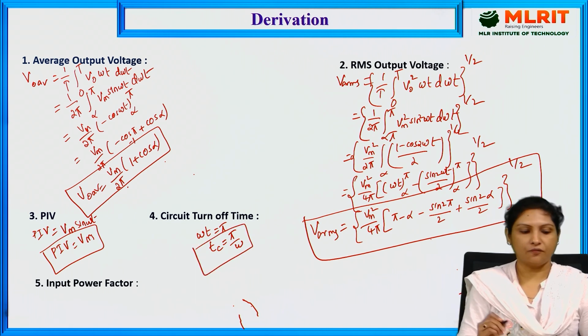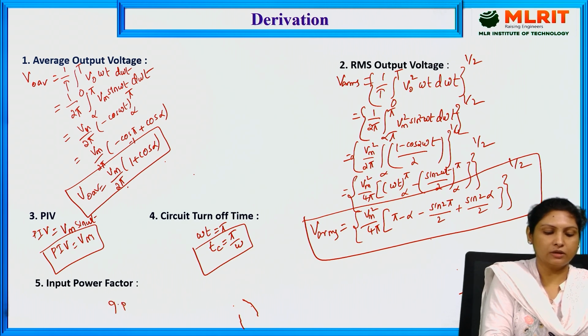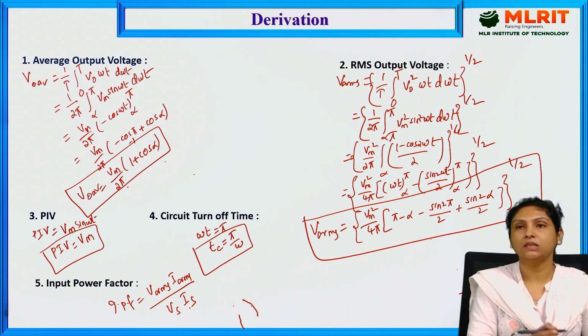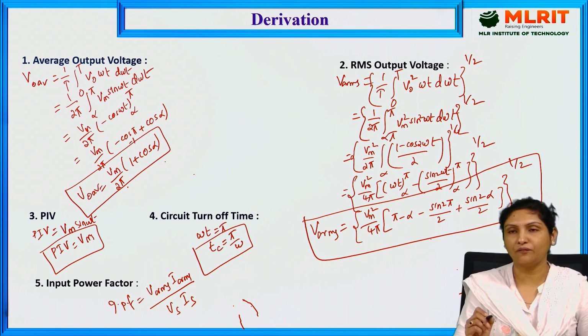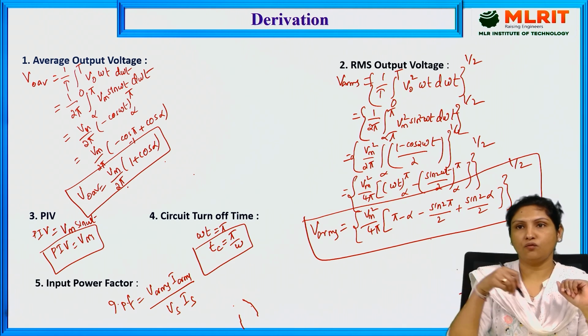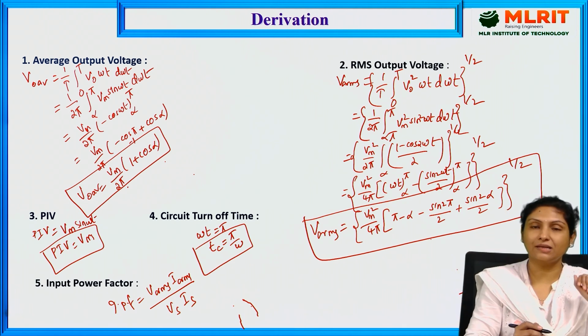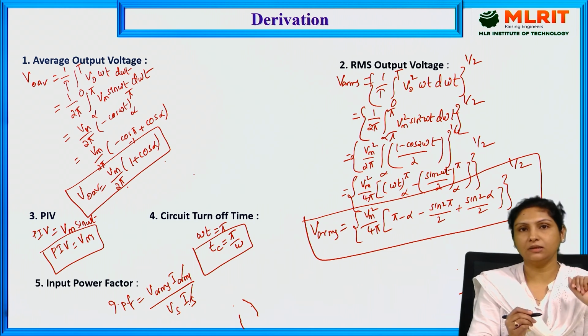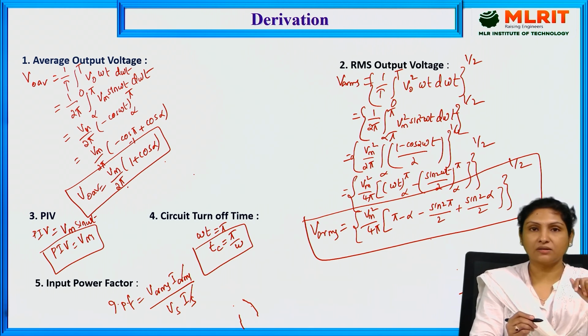Similarly, input power factor is given by the formula V0 RMS into I0 RMS by Vs into Is. And if you see the circuit diagram of single phase half wave rectifier, there is only one loop, that is, the same current will be flowing throughout the circuit. So in that case, I0 RMS is equal to Is. So these two get cancelled. And finally, input power factor is equal to V0 RMS by Vs.